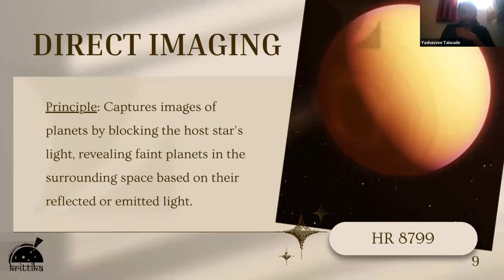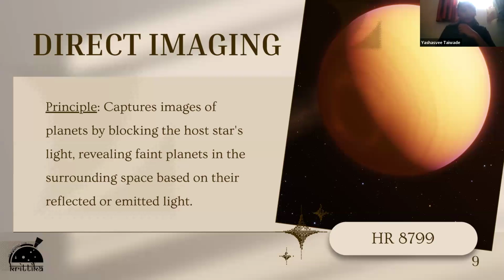Then, direct imaging. Direct imaging is just as the name suggests: the planet is imaged directly. It captures images of planets by blocking the host star's light, because there is light from the host star, right? If we want to detect an exoplanet, we need to block that light. It is not entirely blocked, but we try our best to block it as much as we can.